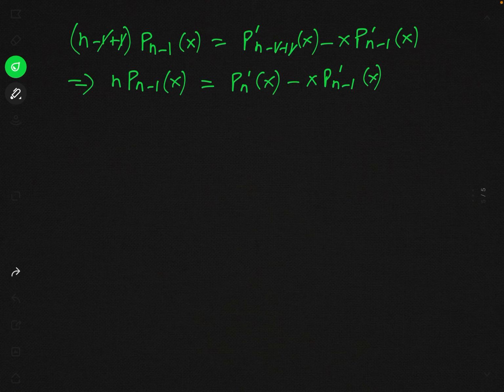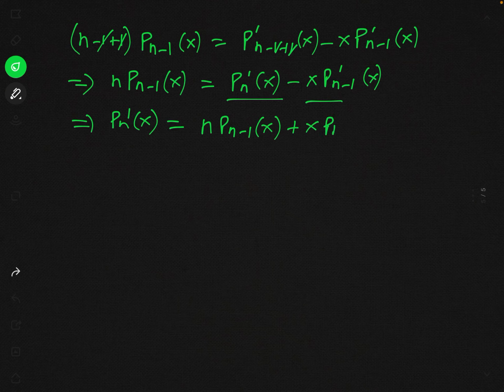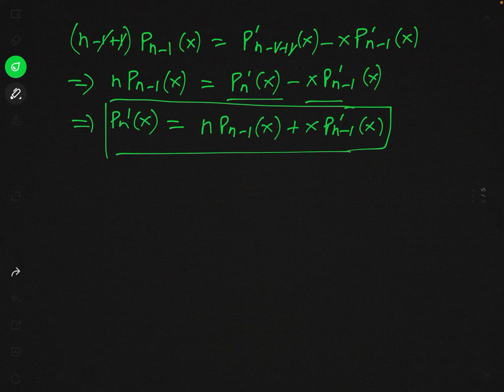And so you can write from here that this Pn prime of x, I am writing the expression for this term. So take this term in RHS, in LHS, and your result will be simply n Pn minus 1 of x plus x into Pn minus 1 prime of x. And you can see this is our recurrence relation defined in the fourth relation.